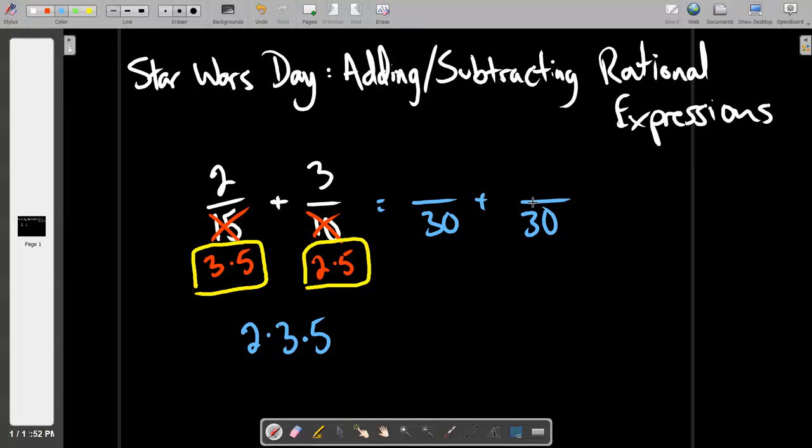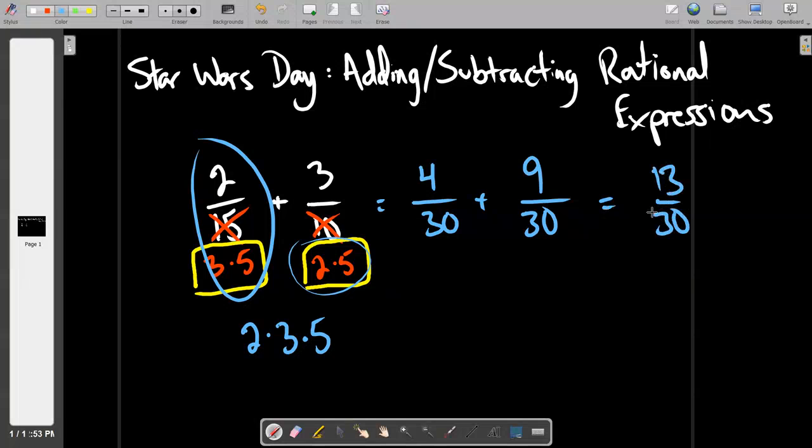What is the first fraction's bottom missing? That's this guy. What's his bottom missing? A 2. So we take what was on top, the 2, and we multiply it by 2, and we get 4. The second fraction, what was his bottom missing? So I take what was on the top, and I multiply it by what his bottom needs, making it 9. 4 plus 9 makes 13 out of 30.